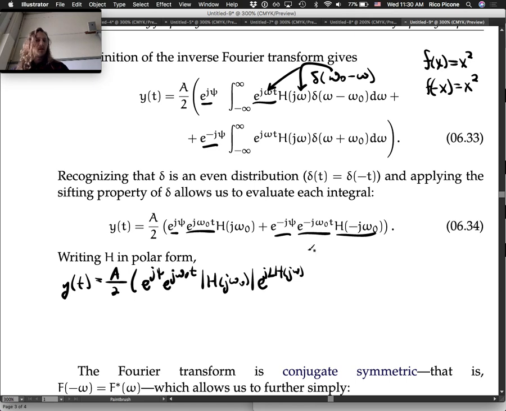And then we've got our other term, so plus e to the minus j psi, e to the minus j omega naught t times the magnitude of h. So the magnitude of h of j omega and the magnitude of h of minus j omega is the same. Okay.